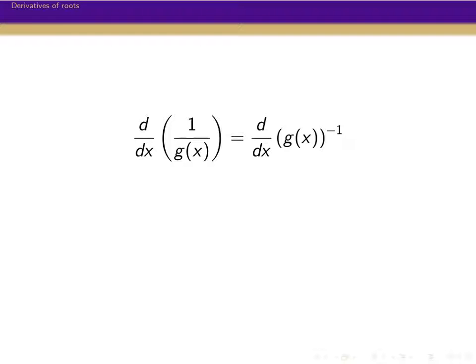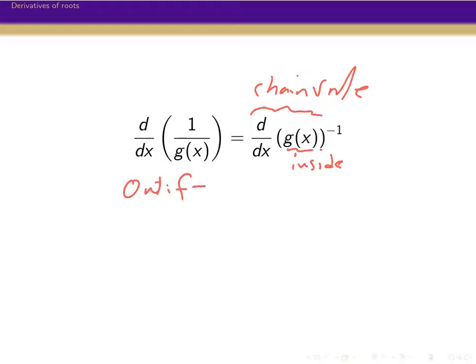Thinking about it that way, this is turning into a chain rule problem, where g is our inside function. And then what's the outside function here? F, that's just raising everything to the minus 1 power. g is g, and so then we can finish working out the chain rule.